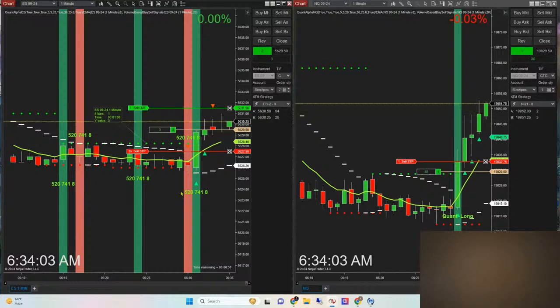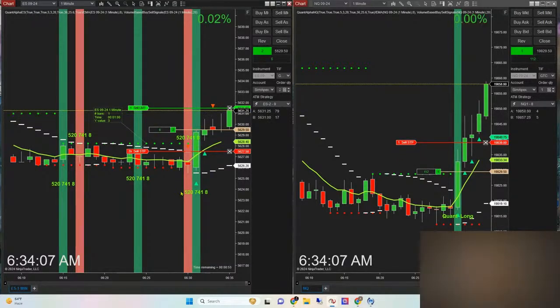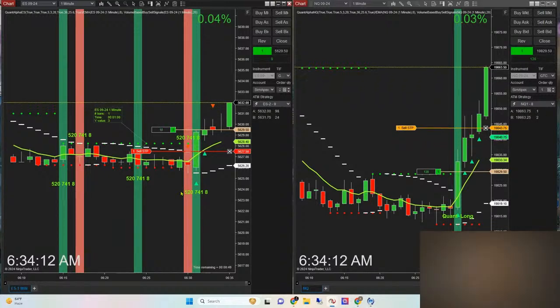Come on. Almost. Let's go in Q. Let's go. There we go. First target hit ES. Waiting now for 12 ticks to be break even.